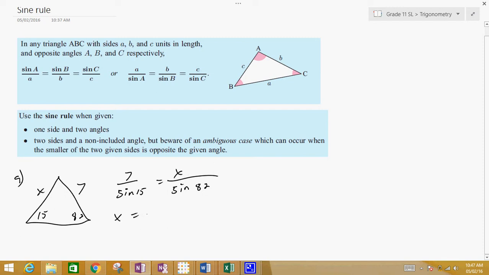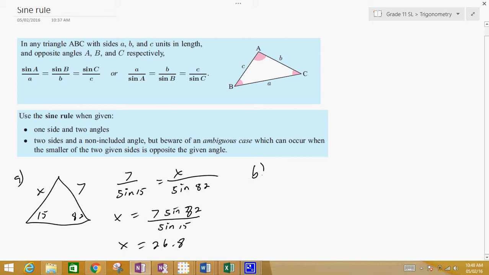And therefore x is equal to 7 times the sine of 82 divided by the sine of 15. Put that into your calculator and you should get an answer of 26.8. Remember to put your calculator in degrees for this question because the triangle is in degrees.